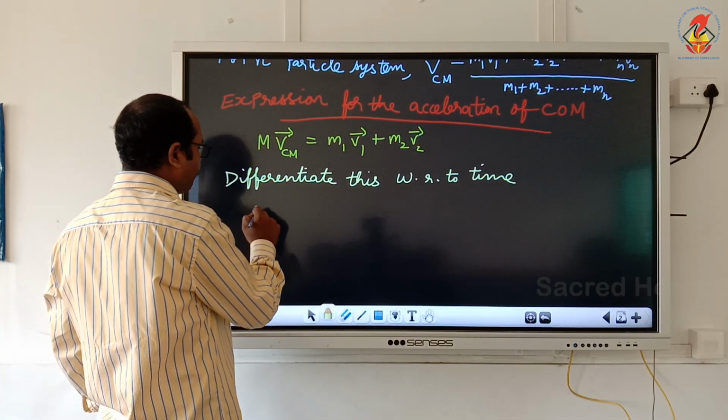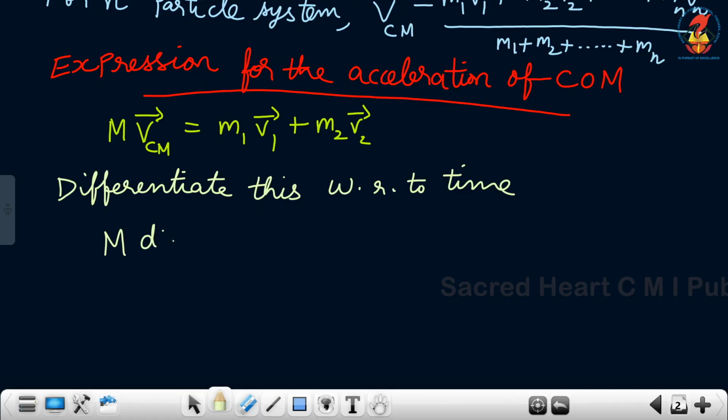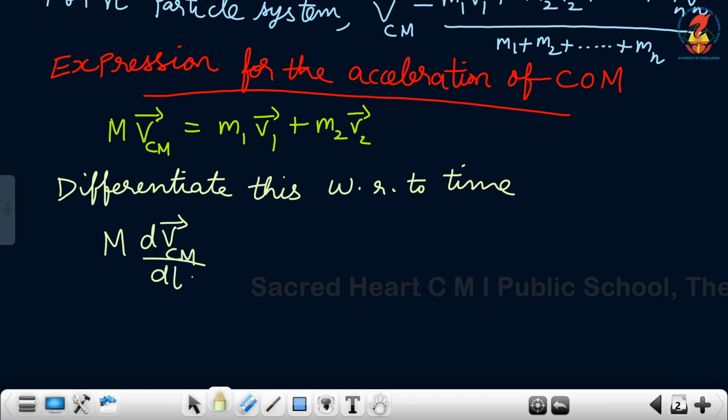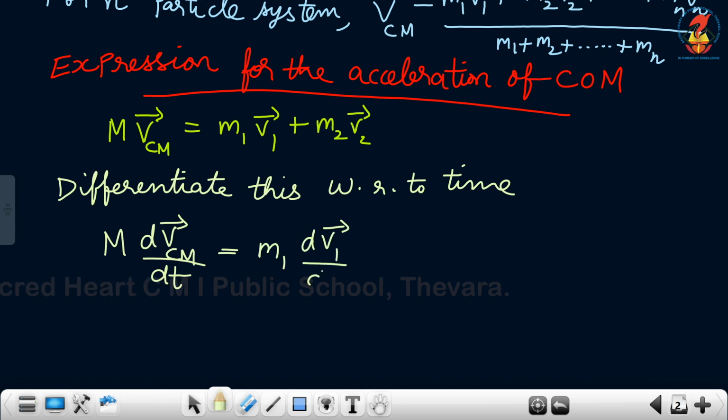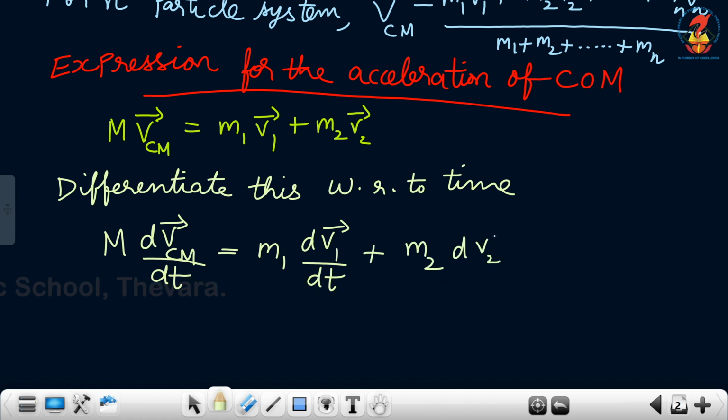So, M into dvCm by dt is equal to m1 into dv1 by dt plus m2 into dv2 by dt. And what is dv by dt?